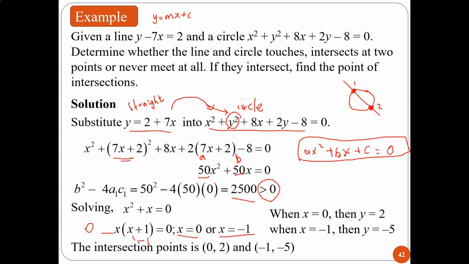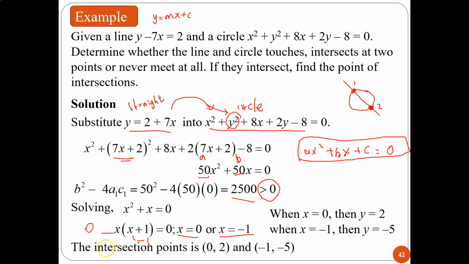So when x equal to 0, you get y equal to 2. When x equals negative 1, y equal to negative 5. Okay, then you're going to write it down in the point form.